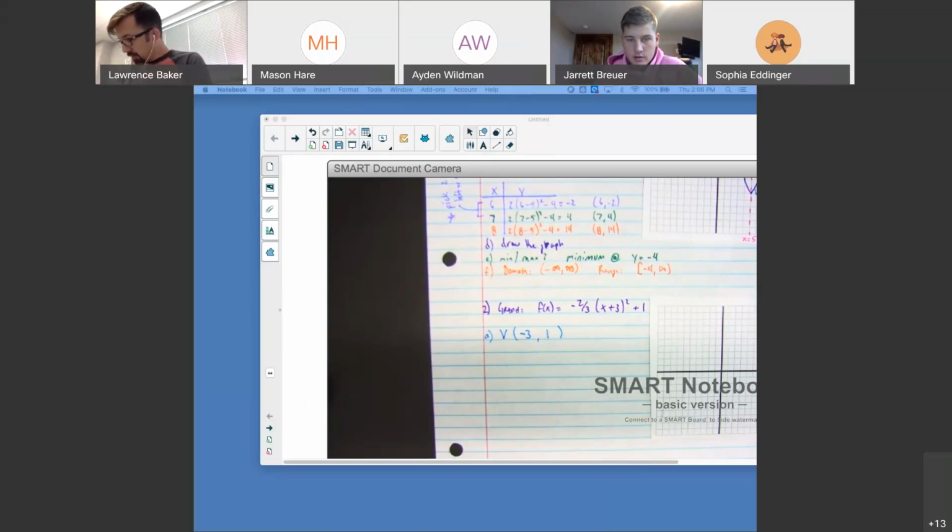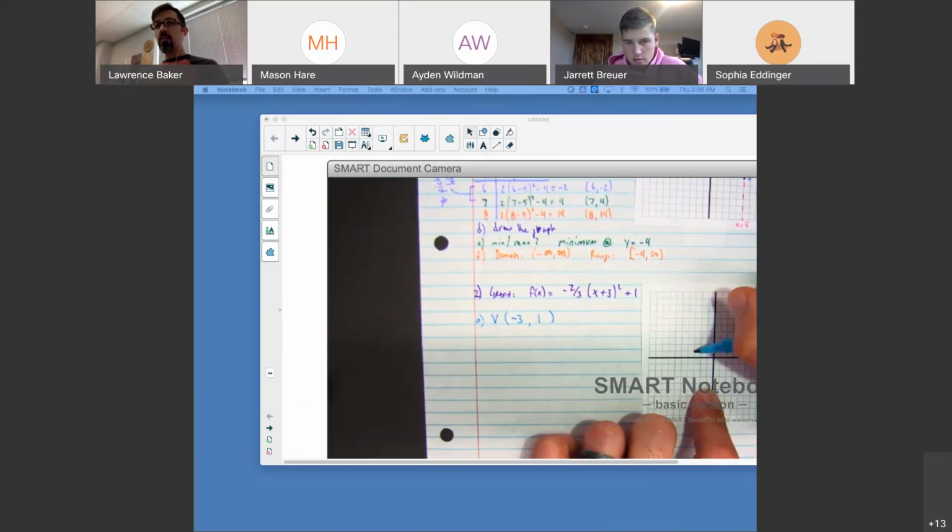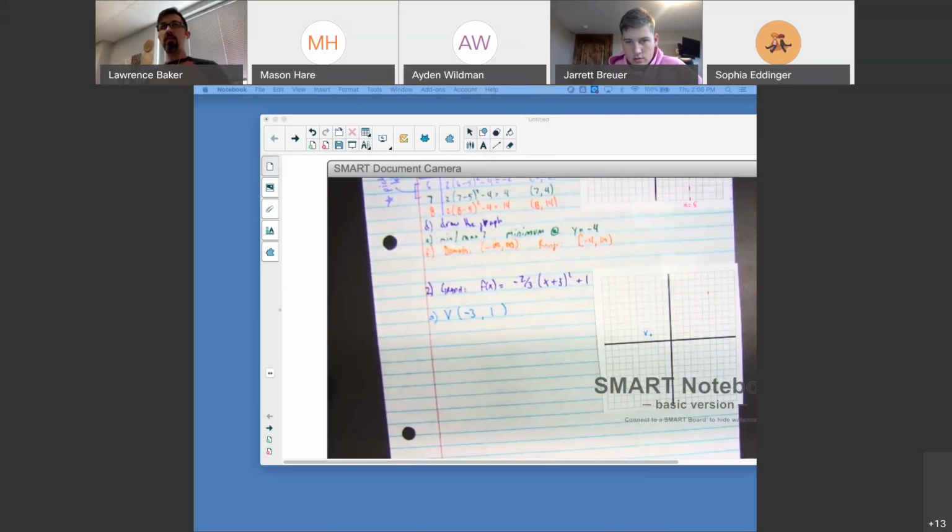Let's go ahead and plot that point, -3, 1. Boom. Vertex. It's laggy.